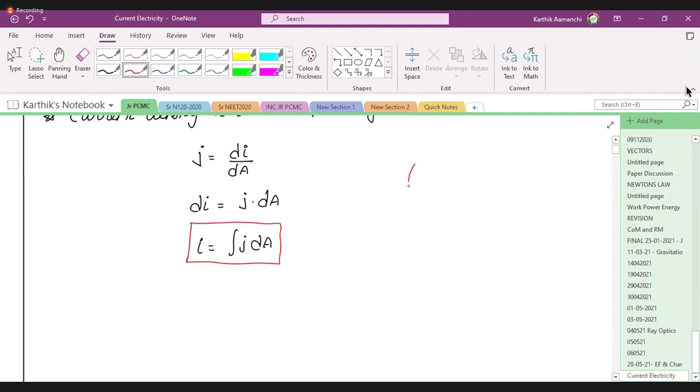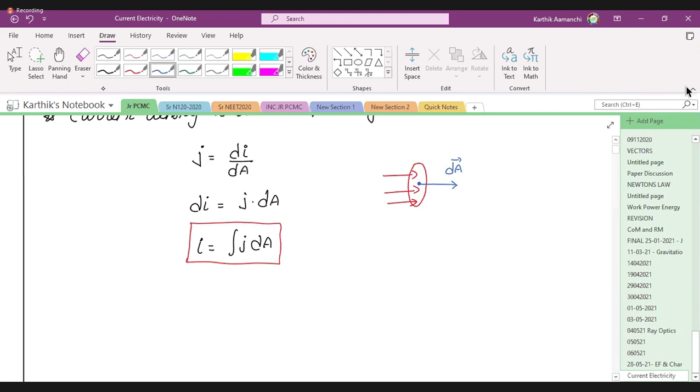See, if this is your area in which your charge delta Q is going. So we have known in your Gauss law, the area vector is also called the area normal vector. So for this, the area vector is like this, isn't it?